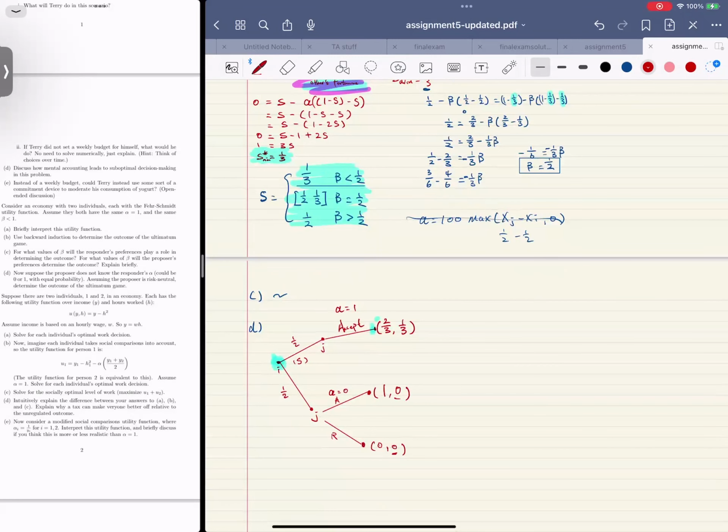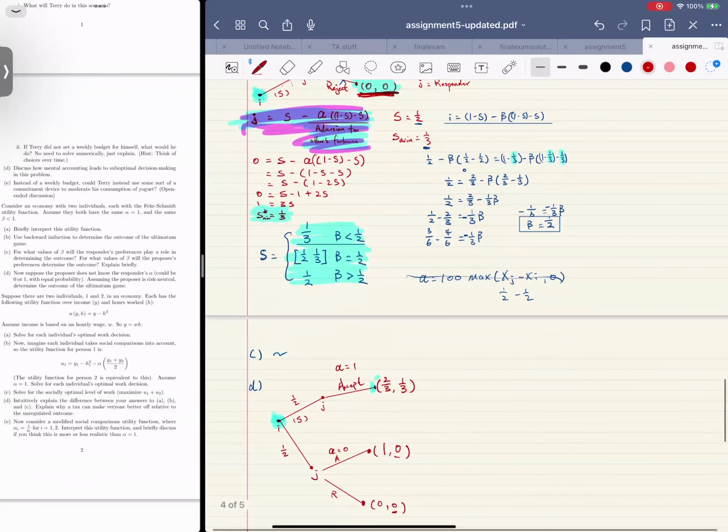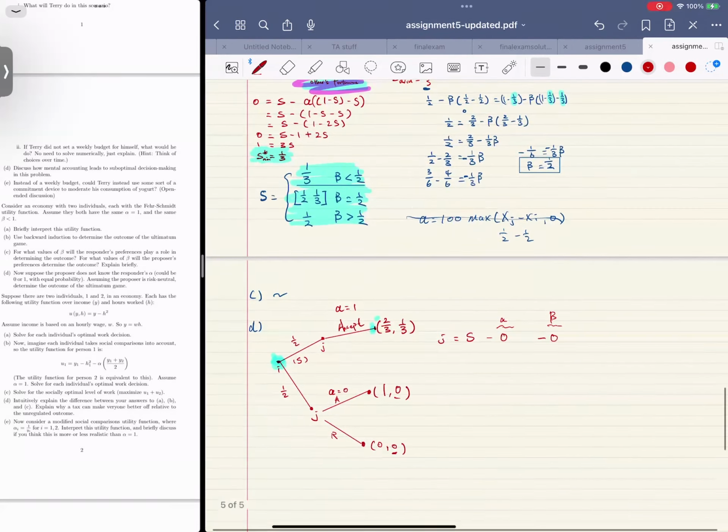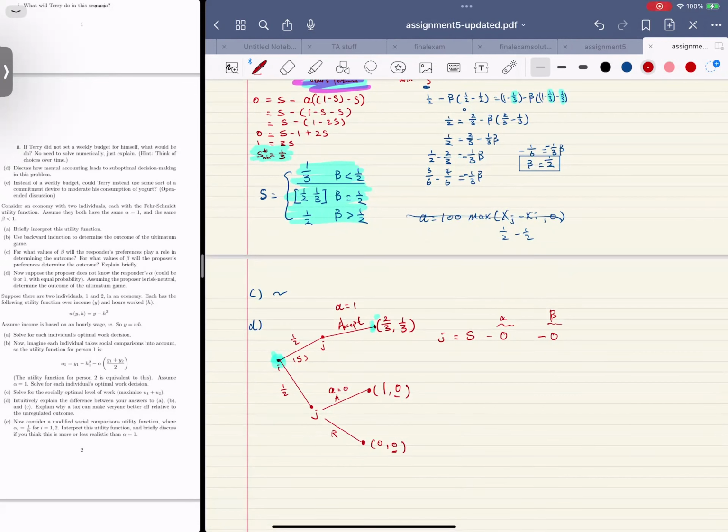The utility function will look like J equals some S amount minus 0, because it has nothing to do with you being richer than the other person. So your beta has nothing, it's 0. This is alpha, this is beta, both 0. Using backward induction, I will give you 0, so J is 0 equals 0. It's indifferent.